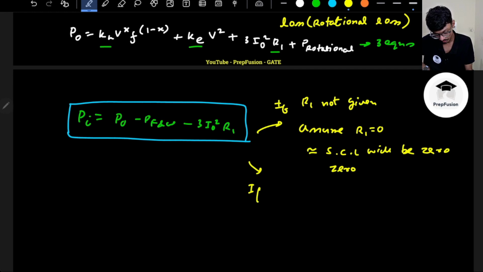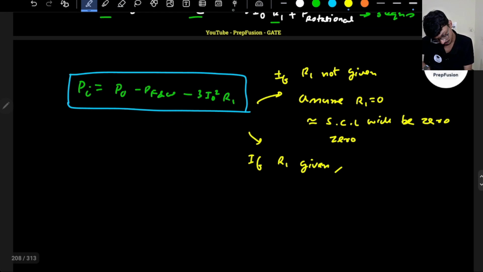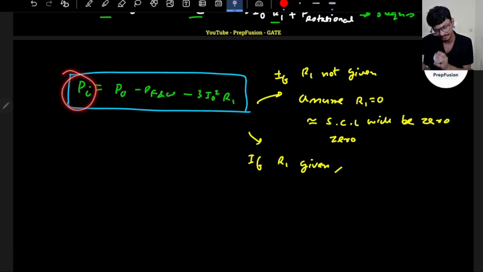But if R1 is given, then you will not neglect the stator copper loss, right? The current will be given to you and R1 also is given to you, so now you can simply find out the iron loss, because friction and windage loss also will be given to you.